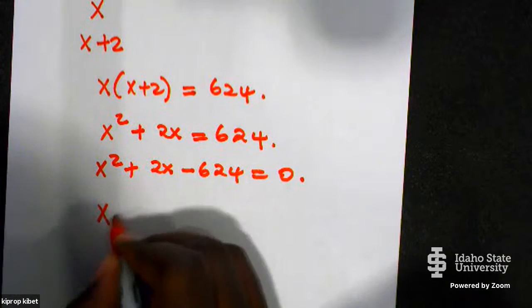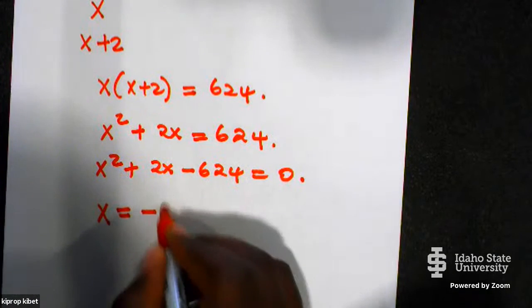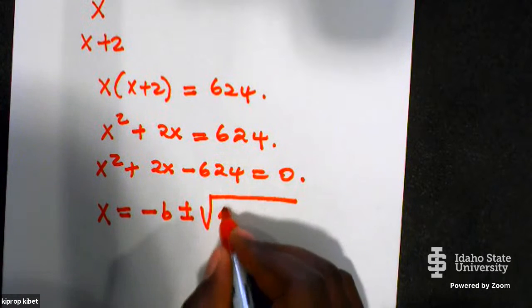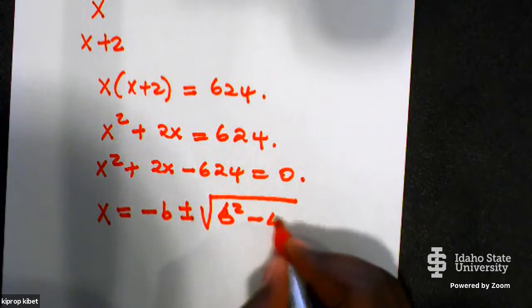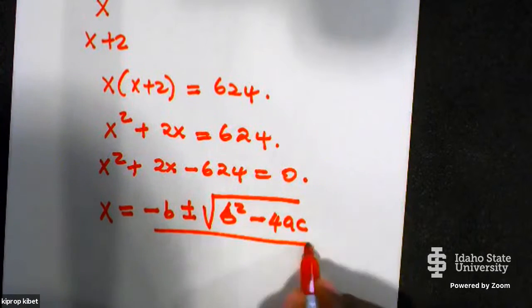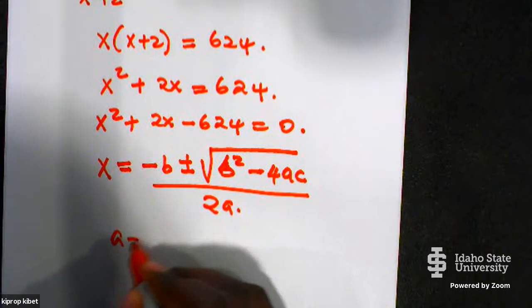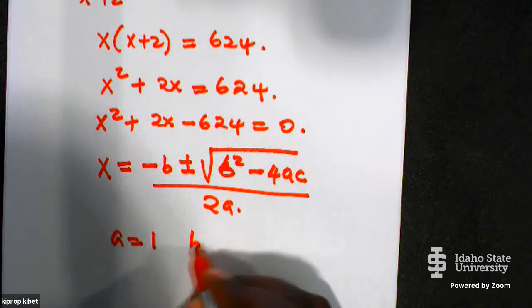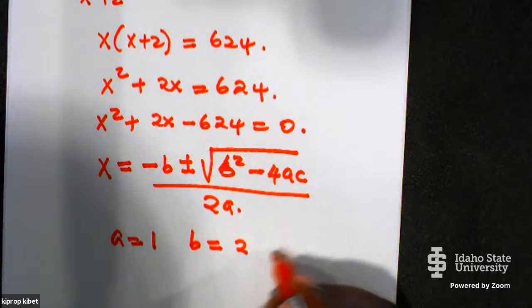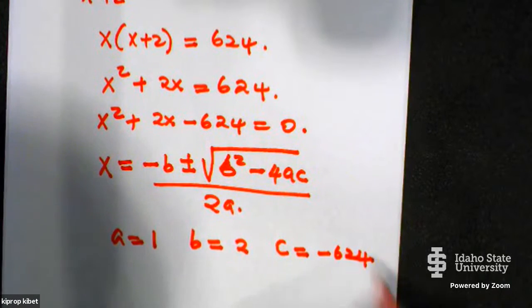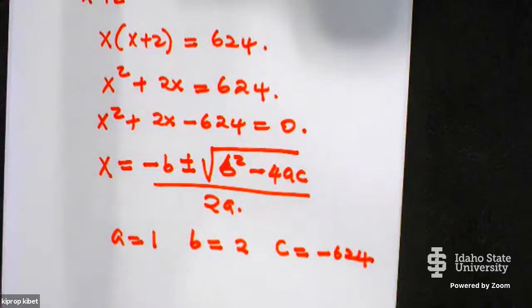Our quadratic formula is x equals minus b plus or minus the square root of b squared minus 4ac, all over 2a. And our a equals 1, our b equals 2, and our c equals minus 624.